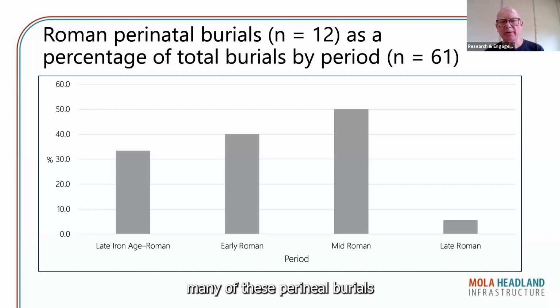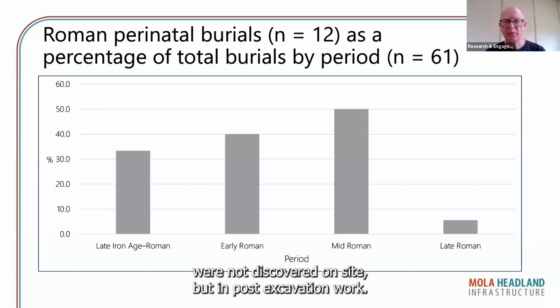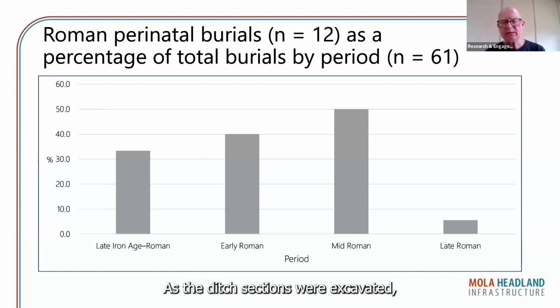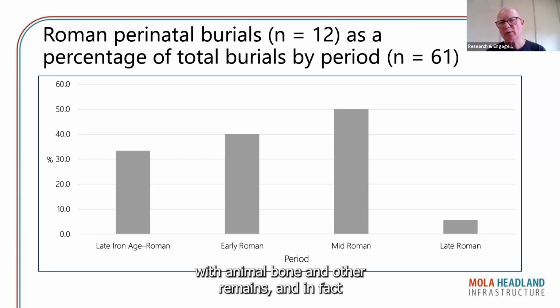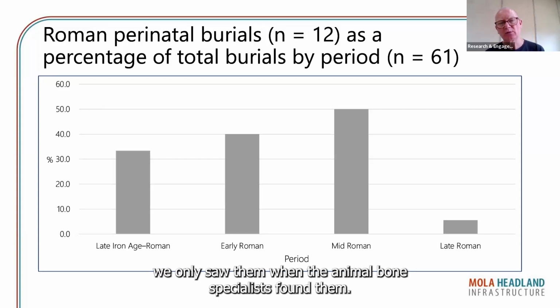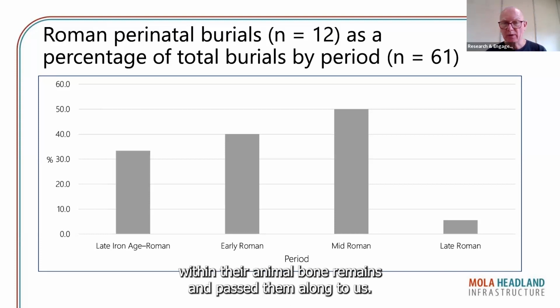Many of these perinate burials were not discovered on site, but in post-excavation work. As the ditch sections were excavated, they were excavated together with animal bone and other remains. And in fact, we only saw them when the animal bone specialists found them within their animal bone remains and passed them on to us.